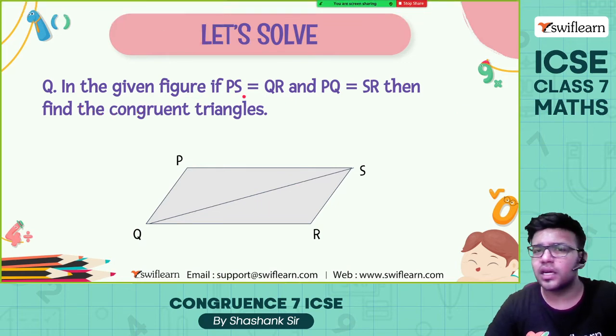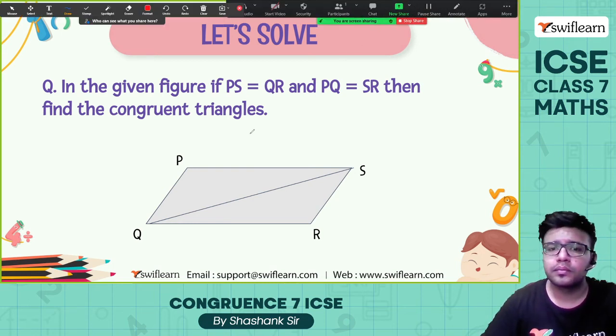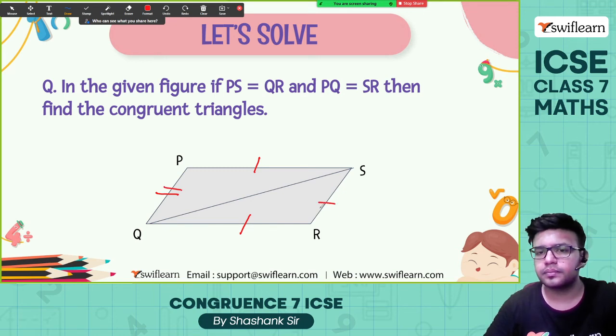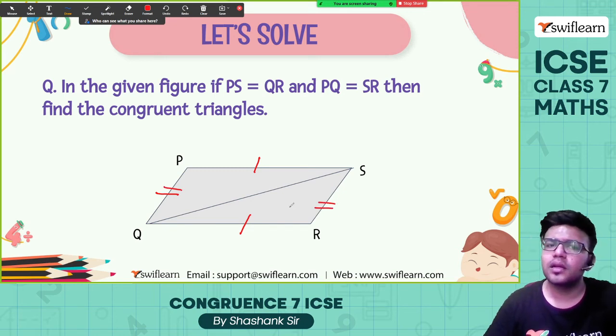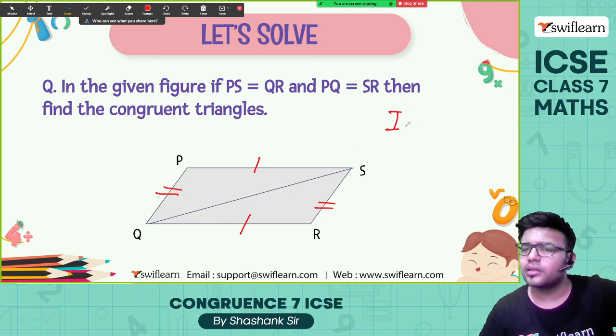In the given figure, if PS is equal to QR, and PQ is equal to SR, then find the congruent triangles. Look, there are two triangles here.